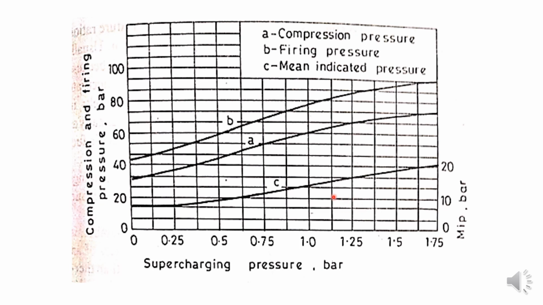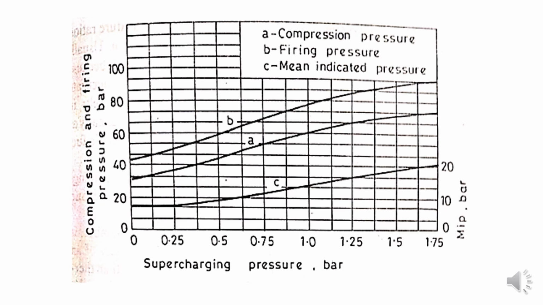So if the intake pressure is less than 1.5 atmospheric, then the cost and complication of the supercharger we are going to use is not justifiable. If it goes beyond 1.5, the failure of many parts will be there.